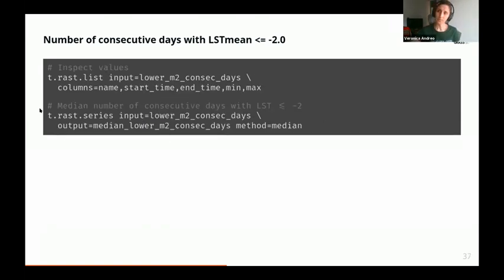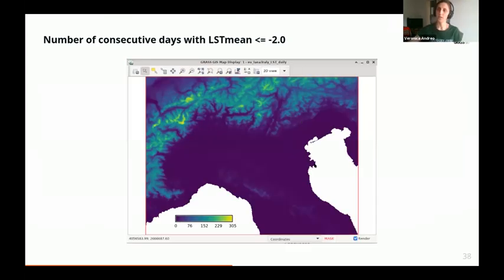And then we can also aggregate the result of the algebra with the median, for example, okay? And we get the median number of consecutive days with temperatures below -2. Of course, in the mountains, it's a lot, and in the rest is almost nothing, okay?